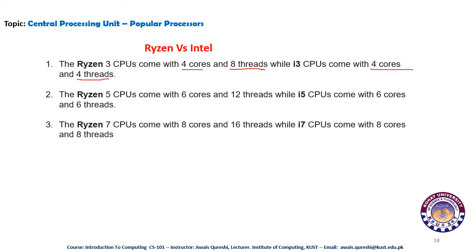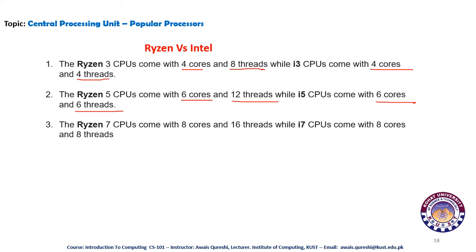Similarly, Ryzen 5 comes with 6 cores and 12 threads, while i5 CPUs come with 6 cores and 6 threads. So in the threads area, Ryzen beats Intel in performance. Similarly, Ryzen 7 CPUs have 8 cores and 16 threads, and Core i7 CPUs have 8 cores and 8 threads.